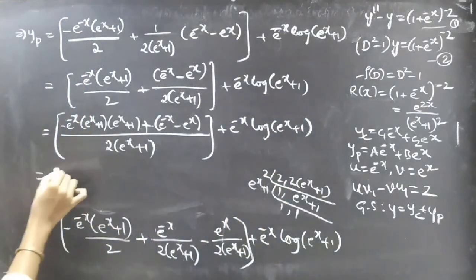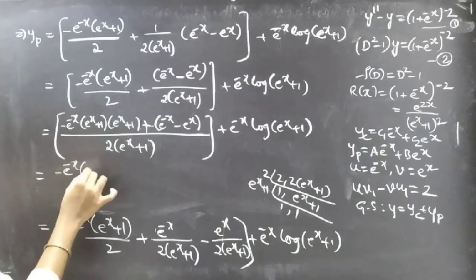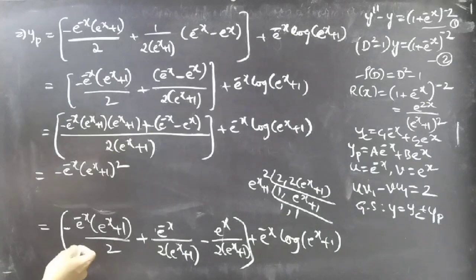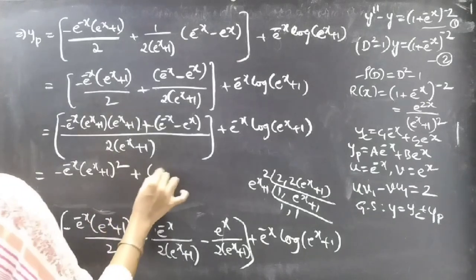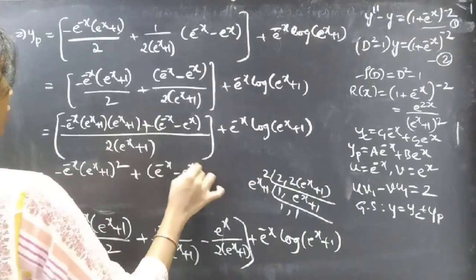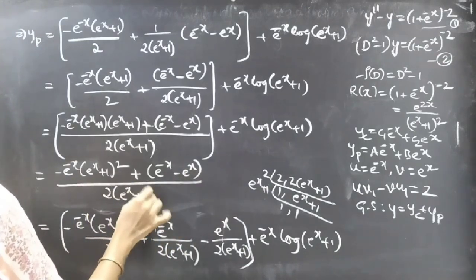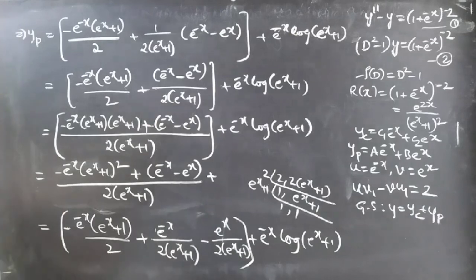This gives us minus e power minus x of (e power x plus 1) into (e power x plus 1) is (e power x plus 1) whole square, plus (e power minus x minus e power x) by 2 times (e power x plus 1), plus the second term.